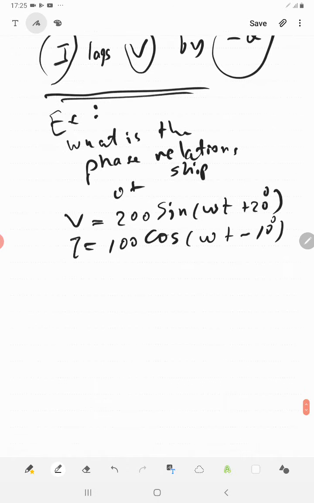Now, be careful in determining the phase relationship.